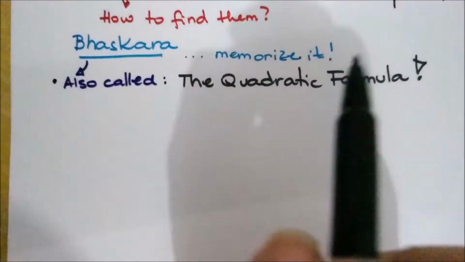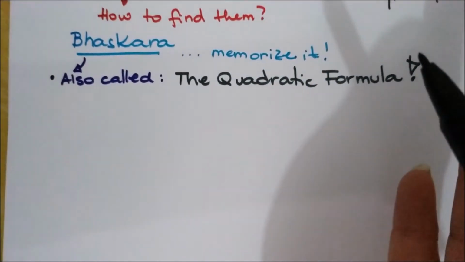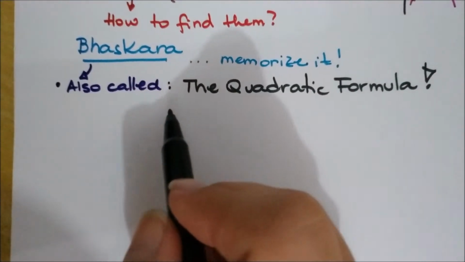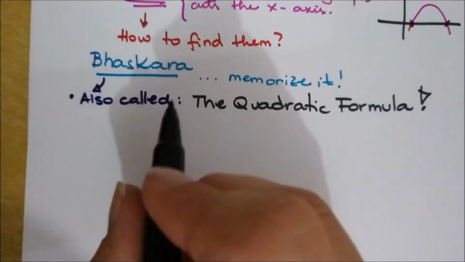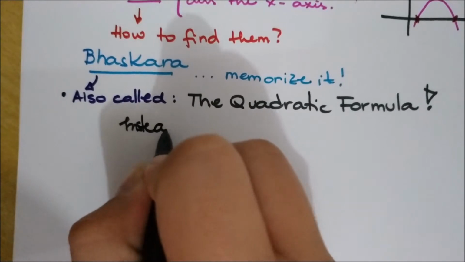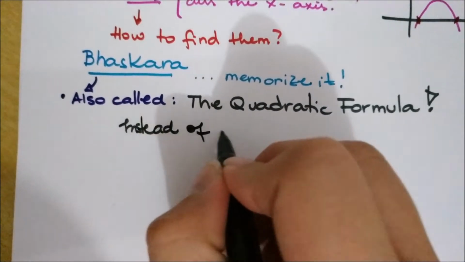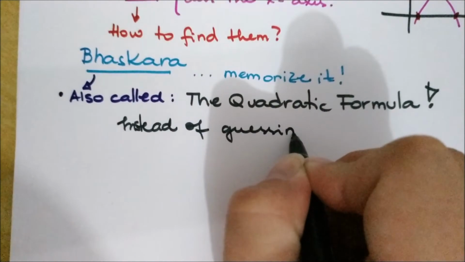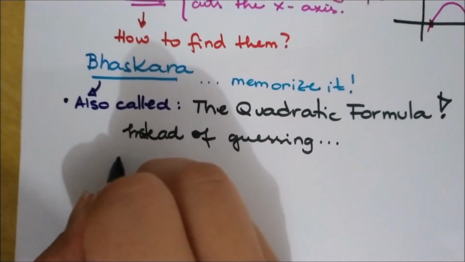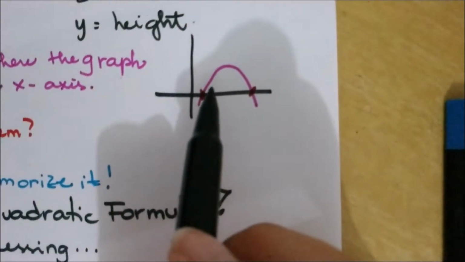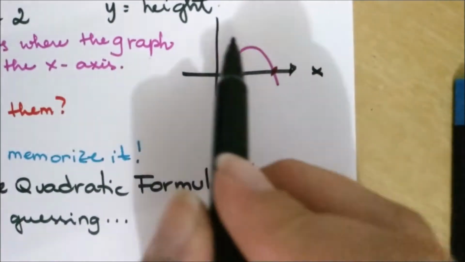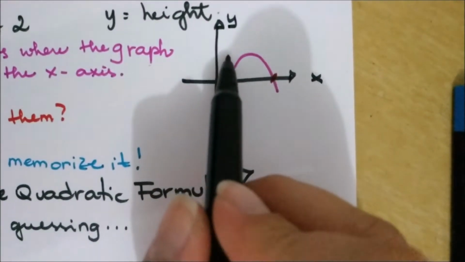Okay. Basically, I'm not gonna show you where it comes from, all right? I'm just gonna show you how it works. So, when we're using Bhaskara, instead of guessing, what we're gonna do, to find these points over here where they cross the x-axis, do you agree that we don't have a y?